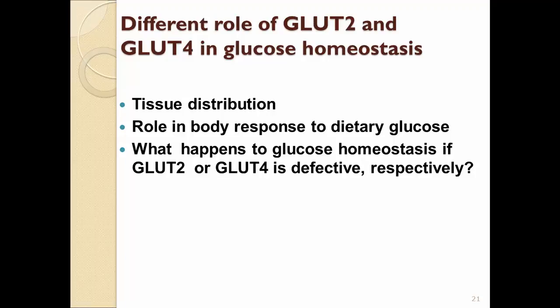And GLUT2, we mentioned, is what type of glucose transporter in terms of insulin? Insulin independent, but glucose dependent, right? So when we have a high blood glucose level, GLUT2 becomes active to transport glucose into the two main tissues, liver and beta cell, pancreas.